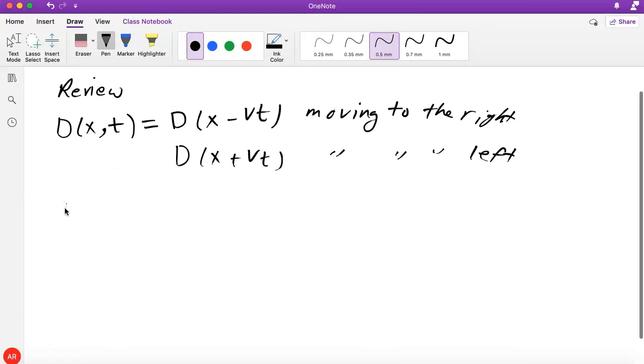And we had, for sinusoidal waves, the important relationship that lambda is v times T. We also derived some relationships about the physical velocity of different points of the string, and we worked out several examples.